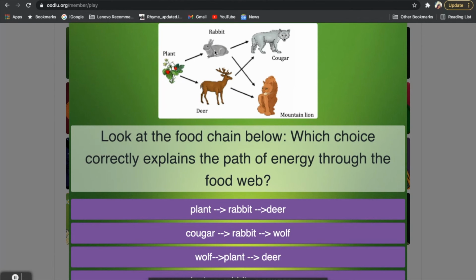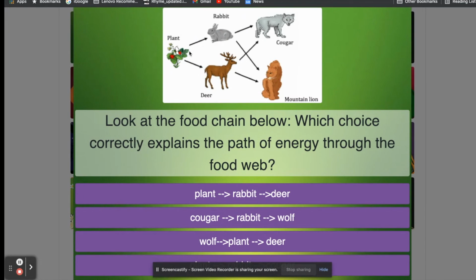Once the rabbit eats the plant, there are different carnivores that can also eat the rabbit. First, we have an arrow pointing to the cougar, and then we also have another arrow pointing to the mountain lion. So that is how the energy transfers from the plant, to the rabbit, into the cougar and mountain lion.